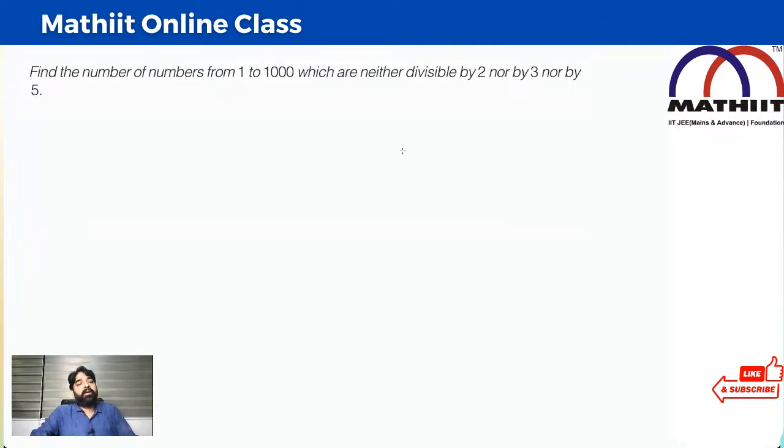Find the number of integers from 1 to 1000 which are neither divisible by 2, nor by 3, nor by 5. You have to go the reverse way.